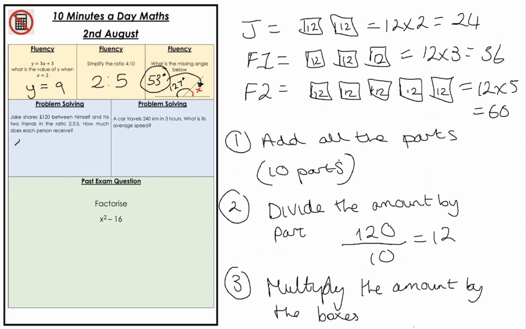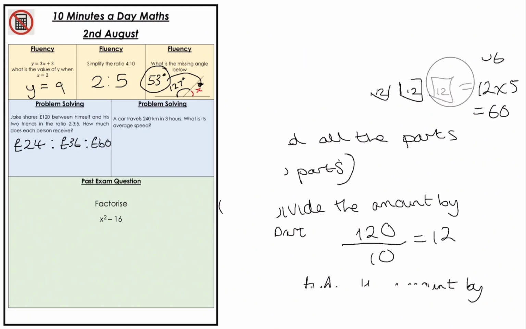So that means the ratio parts are £24 to £36 to £60. That's how you would write it out, with the pound sign as well. So those are the steps to help you. Right, let's have a look at the next one.